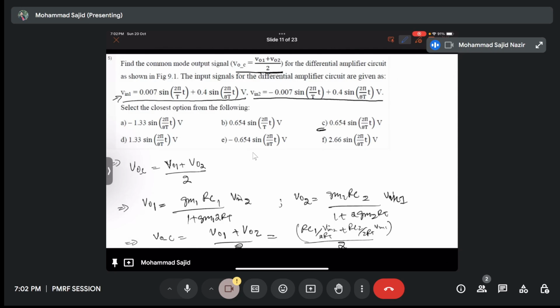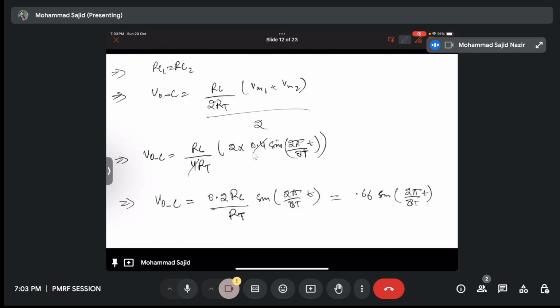Okay, so to find the common mode output signal, that is VOC as V01 plus V02 by 2 for the differential mode circuit. So this is my output voltage. V01 is like this and V02 is like this. So you can get V0C as the average, which comes out to be this.